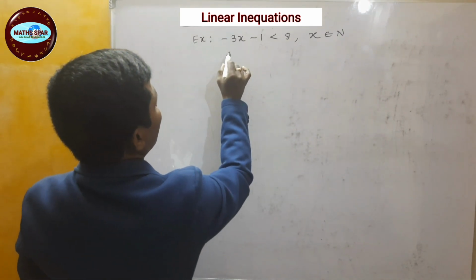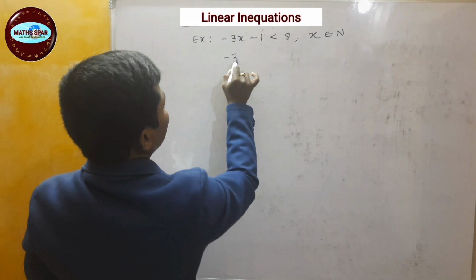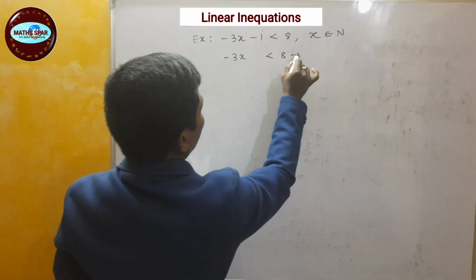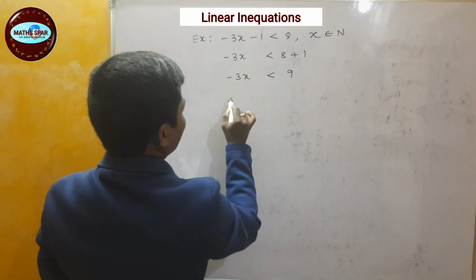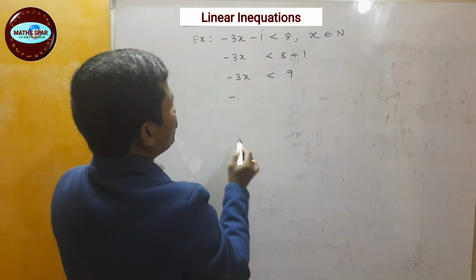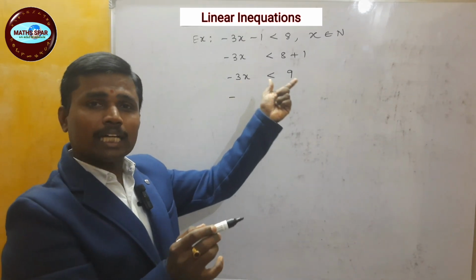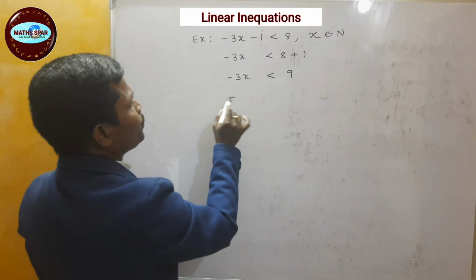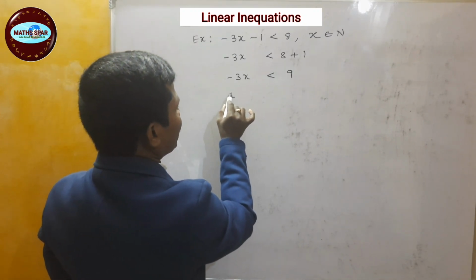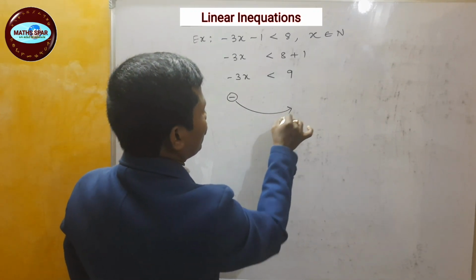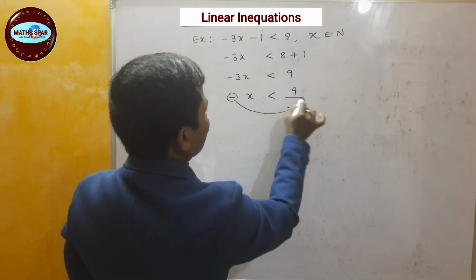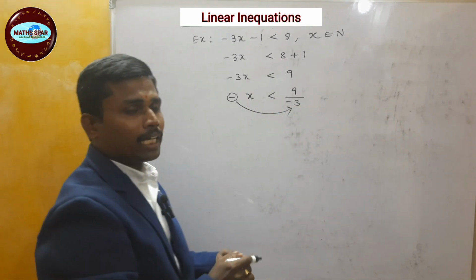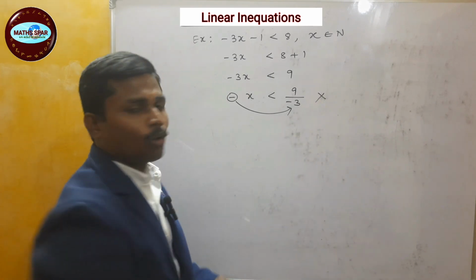Now, -3x is less than 8 plus 1. -3x is less than 9. So you are not supposed to take this minus to the right side and write it as x less than 9 by minus 3. This will be absolutely wrong.